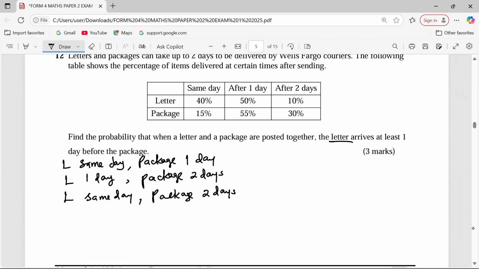The letter arriving the same day and package taking 1 day; the letter arriving after 1 day, but the package takes 2 days. So from the first, the probability shall be the letter arriving the same day is 40%, and the package taking a day is 55%.